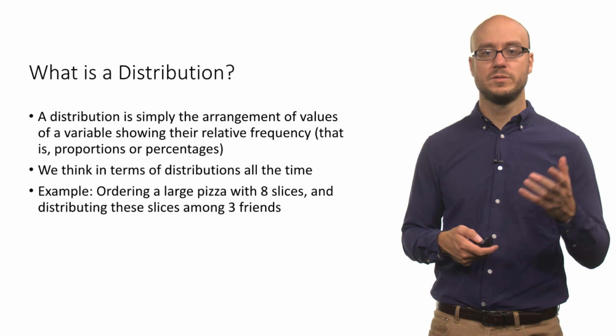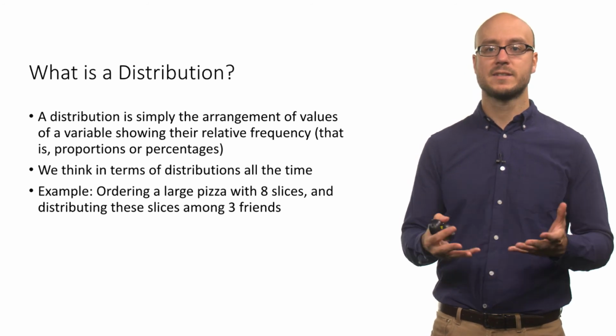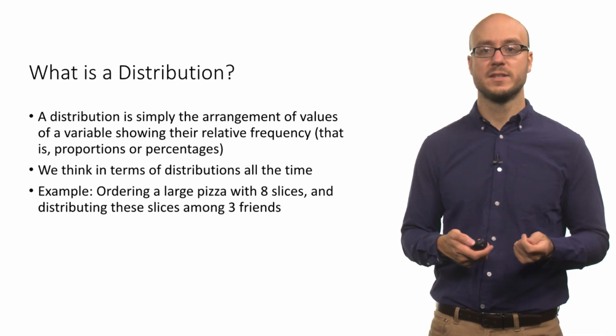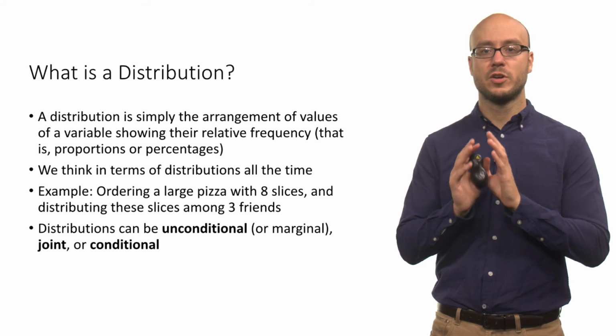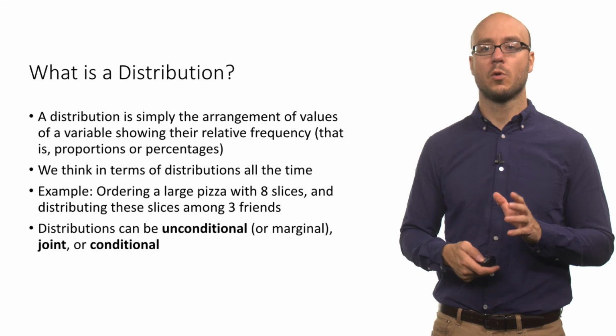Suppose you order a large pizza, you're with your friends, and you have 8 slices on the pizza, and you have to distribute these slices among your 3 friends. When you make this kind of distribution, you can talk about a distribution that is unconditional or marginal, joint, or conditional. So when we look at contingency tables, it's useful to reference the idea of an unconditional, joint, or conditional distribution.